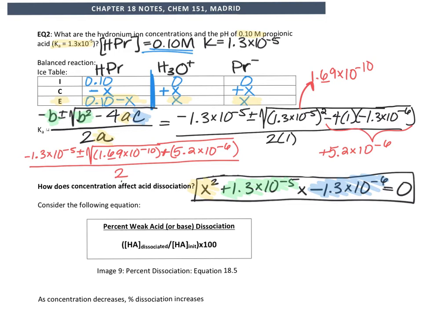So I'm going to evaluate this right here. I'm going to add these together. Plus 1.69 times 10 to the negative 10.